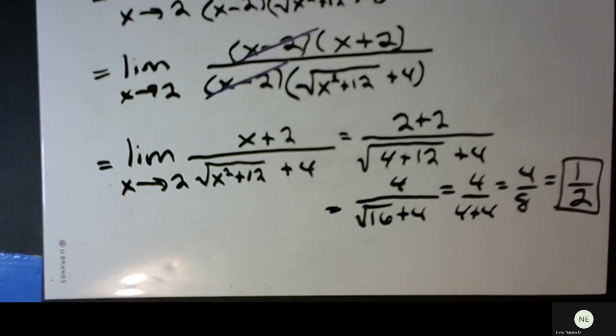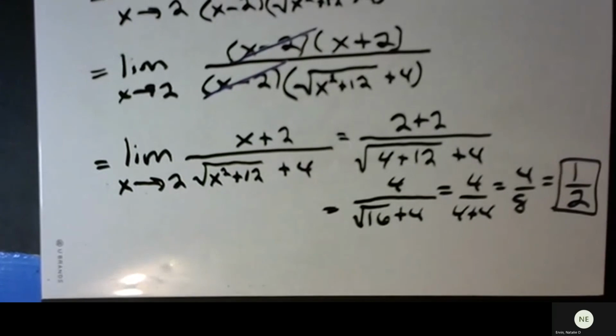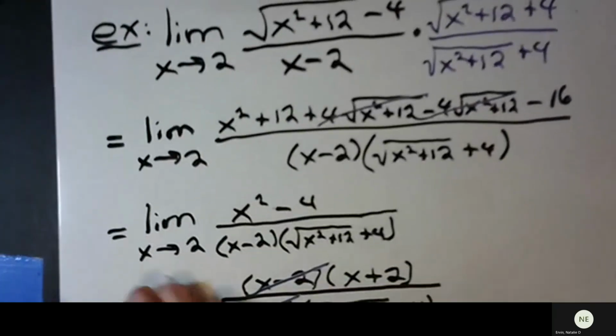So any questions about that one? So this trick, this rationalization trick, it's also going to hold true if you have to do something with the denominator as well. Let me do one more, and then we'll move on. But there's another kind of problem like this you can see.